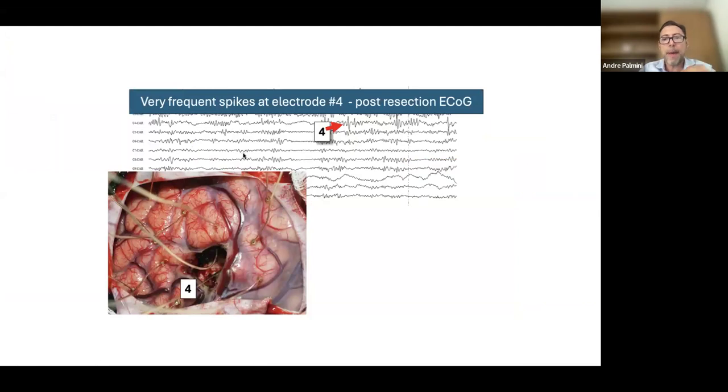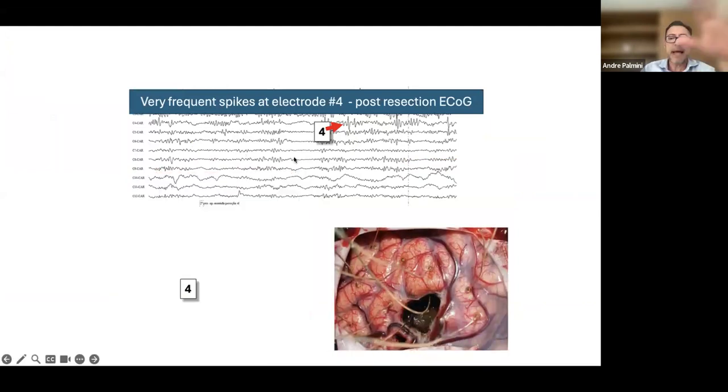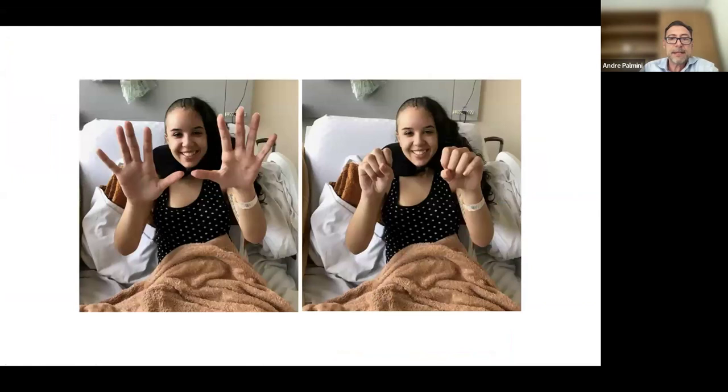Then you resect, and then you go back and you see some more spikes, you resect everything, and these patients get well, you see, because you can clean up not only the areas where you have this very frequent spiking, but surrounding areas where you have spikes that clearly are going to be relevant in the long term.